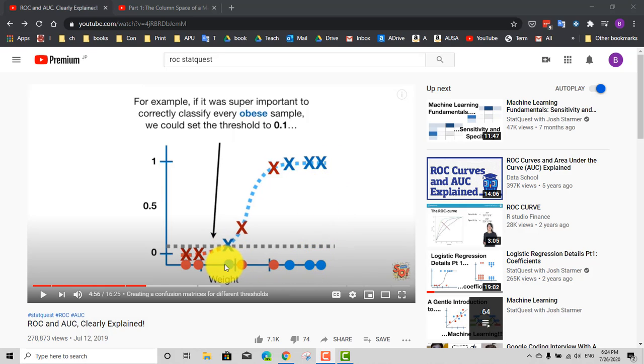Because this is so low, before this was predicted as not obese, but now since we set the threshold way down here, this one is going to be predicted as obese, and all the others are going to be predicted as obese. So whereas before only 3 were predicted as obese, now all 4 are going to be predicted as obese.